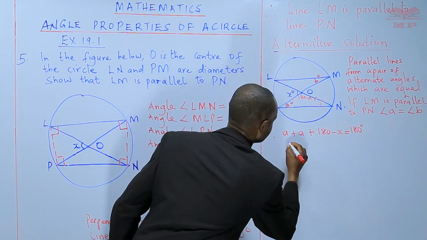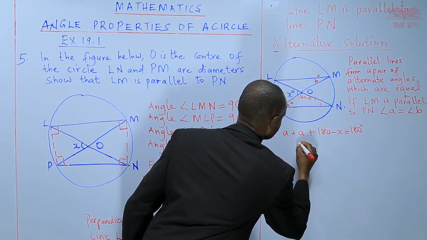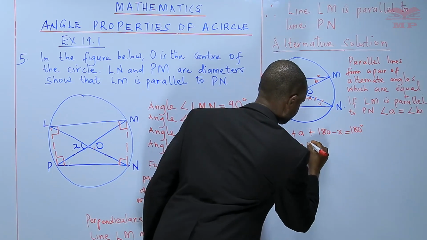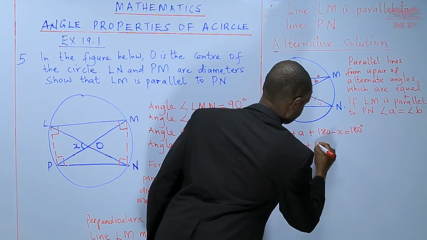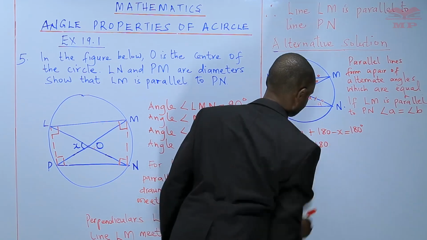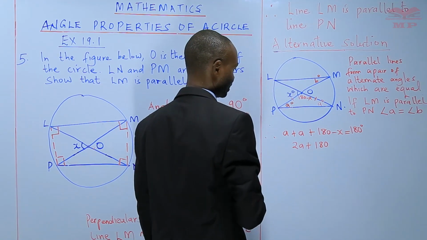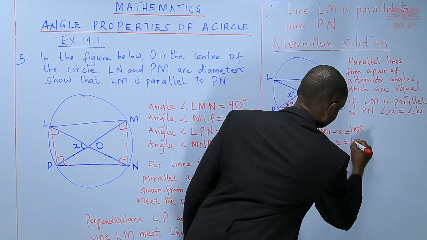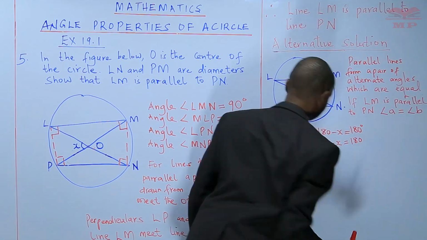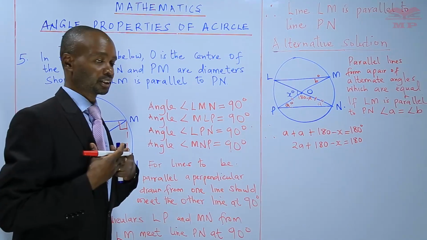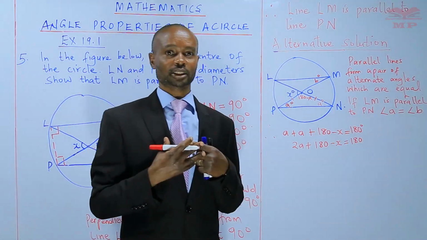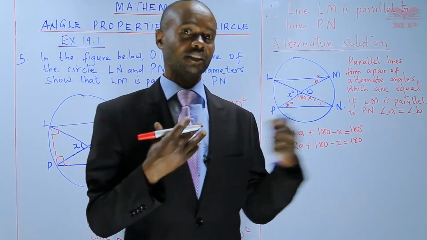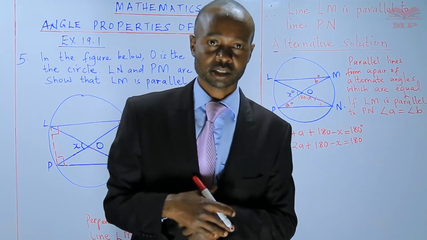A plus A, we get 2A, plus 180 minus x is equal to 180. Since I'm interested in the value of A, I'll leave it on the left-hand side of the equation.